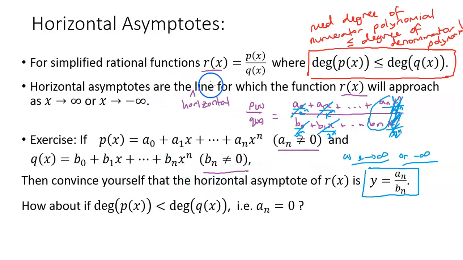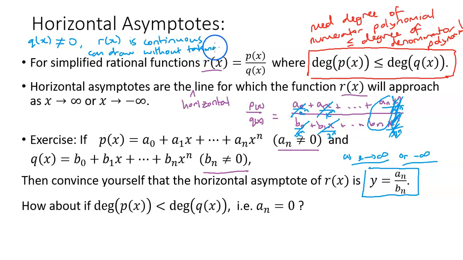Now, as long as q of x does not equal 0, so for all values of x where q of x does not equal 0, r of x is continuous, which means you can draw it without taking your pen off the page.